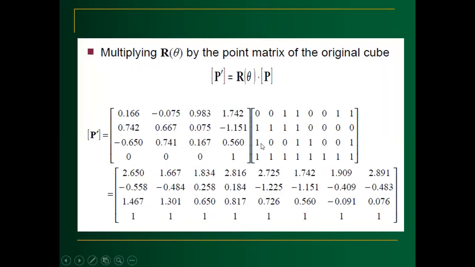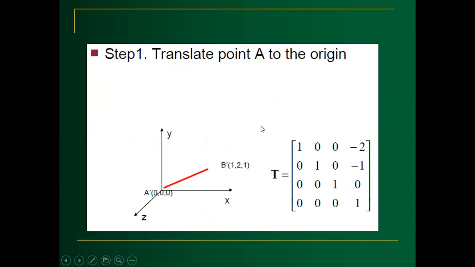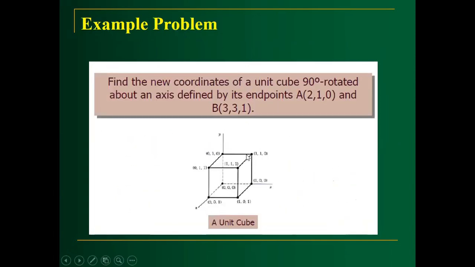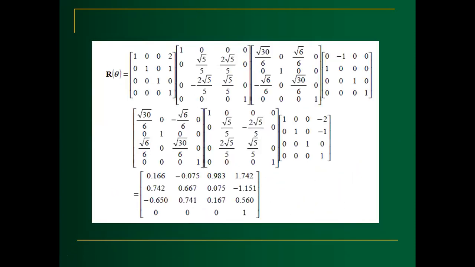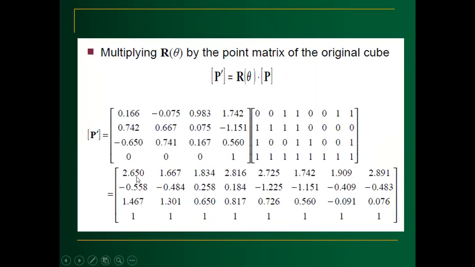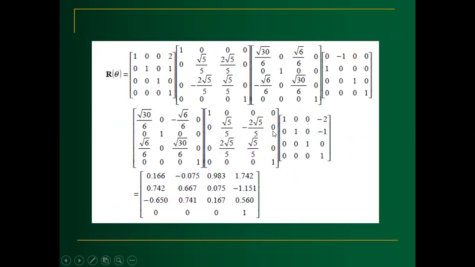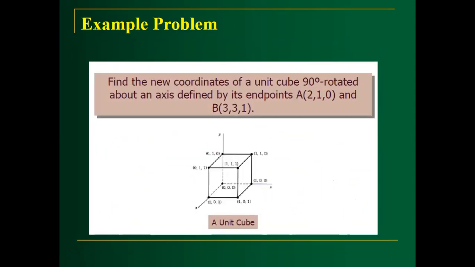Now, 0, 1, 1, here, this guy. If you rotate 90 degrees anti-clockwise, the new coordinate will be 2.6, minus 0.558 and 1.467. 0, 1, 0, that is the second column, is this guy.